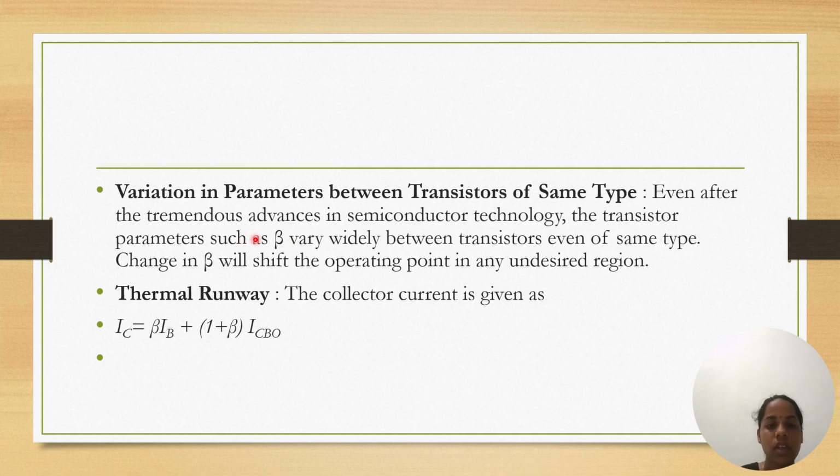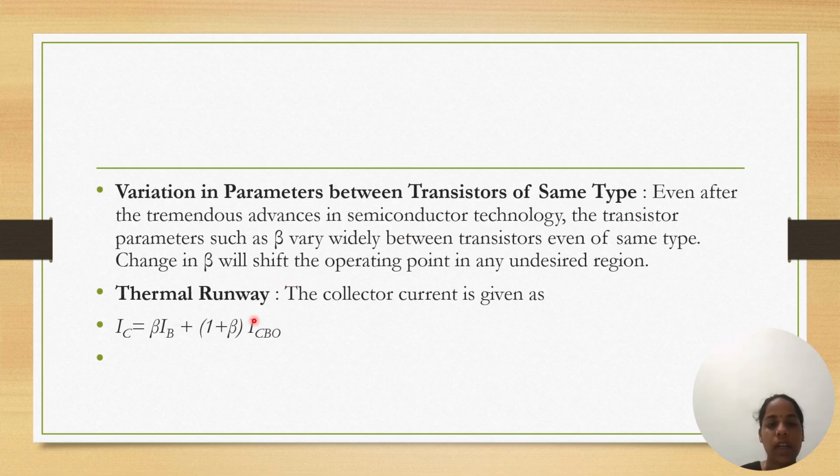Beta is the ratio of collector current to base current. It varies widely between transistors even of the same type, and changes at every point in the operating region. This is the variation in parameters between transistors of the same type.